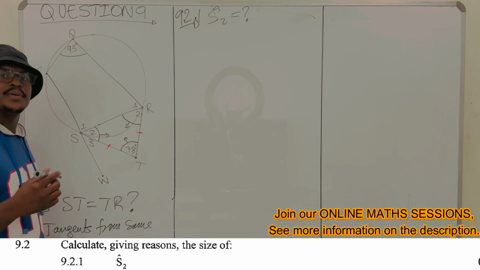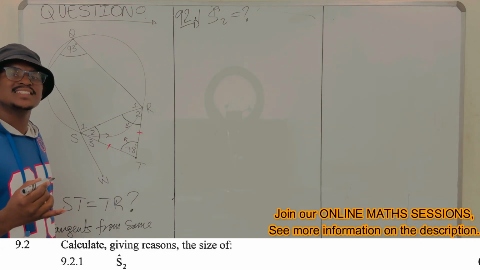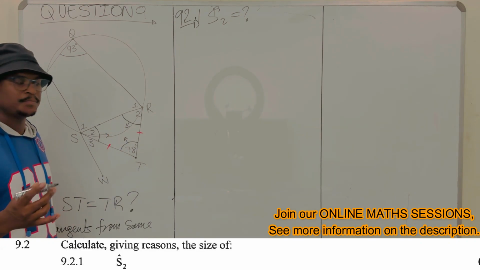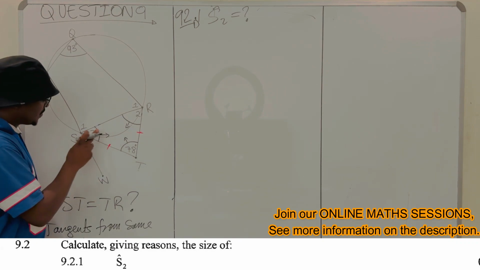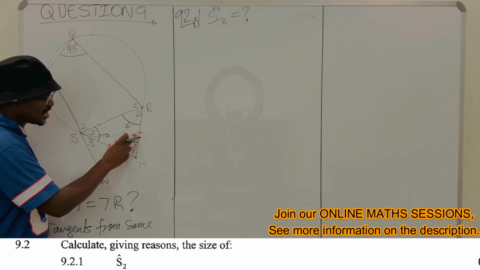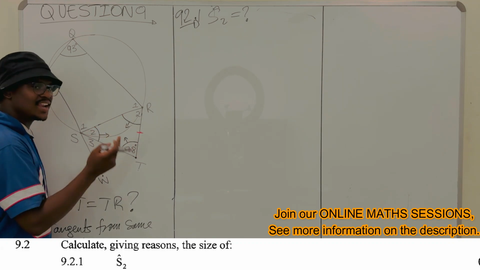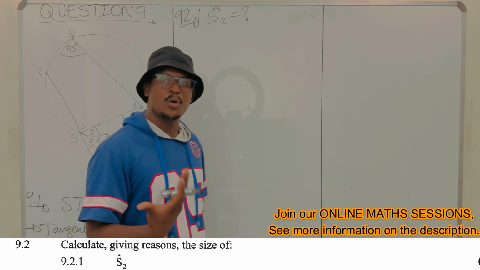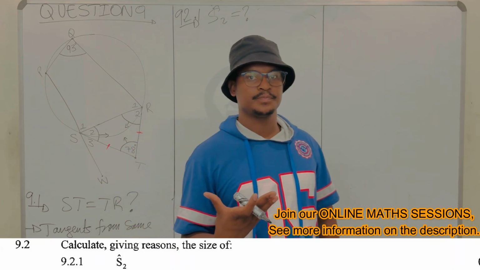The angles opposite equal sides are also equal in measure. So your R2 and your S2 are both opposite the two equal sides of the isosceles triangle, which means these two angles are equal. That's one of the properties of an isosceles triangle.